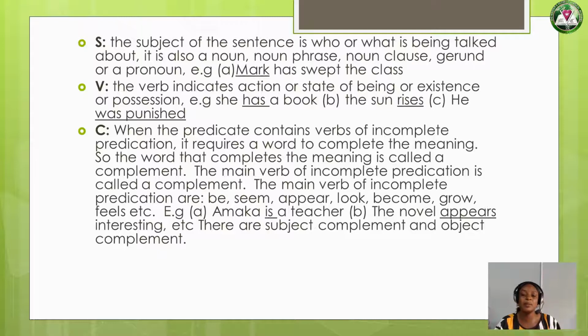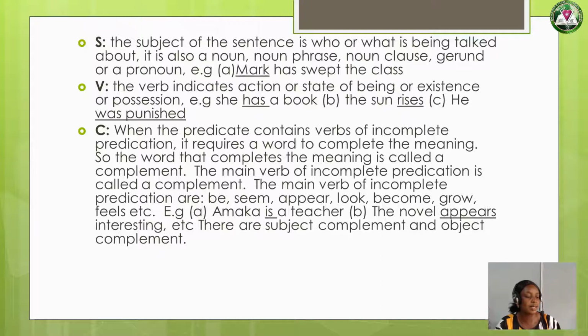An object complement means that the complement completes the meaning of the object. So in subject complements, the subject will not be complete or will not be meaningful without the complement there. And in object complements, the object will not be complete or will not be meaningful without the complement there.